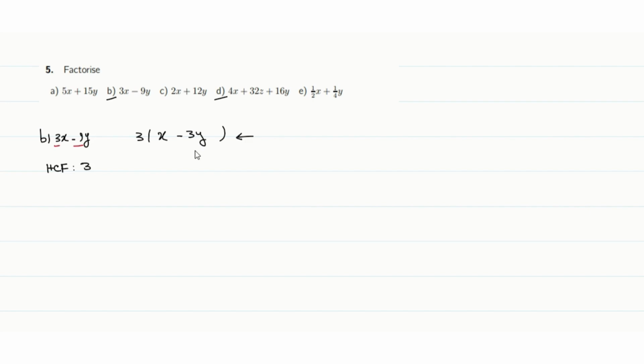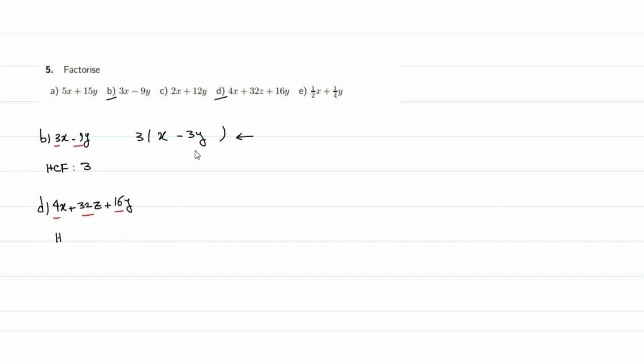Now let's look at another example, D, which is 4x plus 32z plus 16y. As you see, we have 3 numbers, which are 4, 32, and 16. We do the same process again.